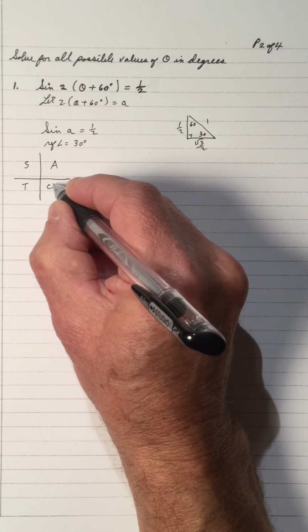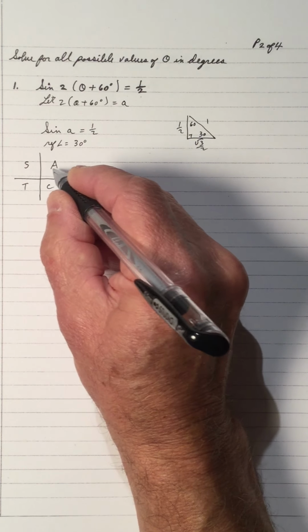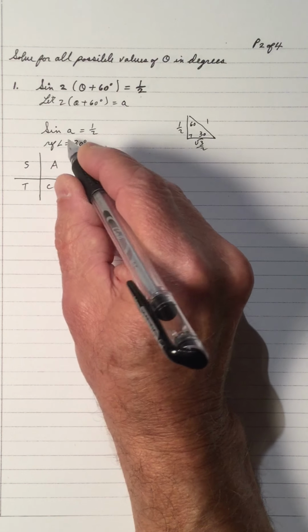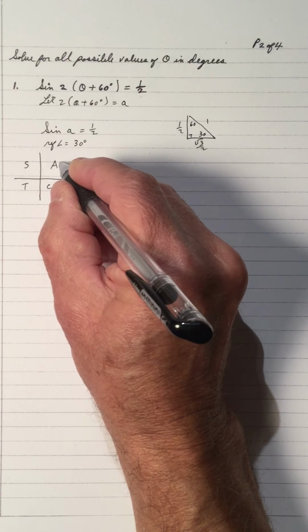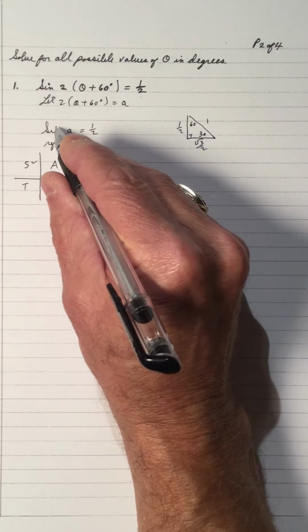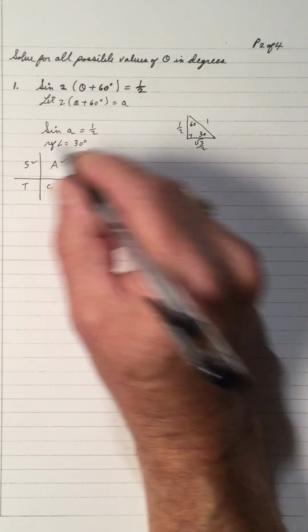Rather than do the CAST rule, I do add sugar to coffee. It starts in quadrant 1. All, sine, tan, cos are positive, so sine is positive in quadrants 1 and 2. Or you treat sine as the y, and y is positive upward, 1 and 2.